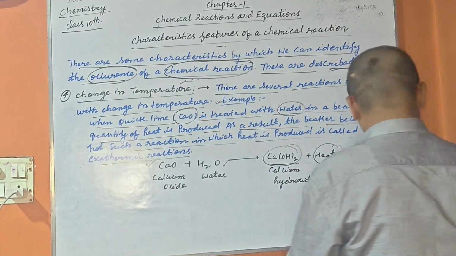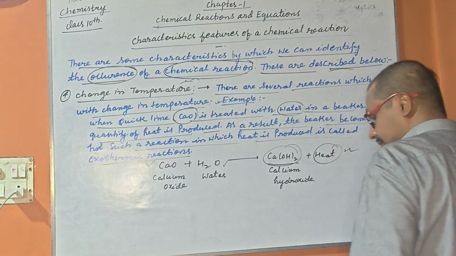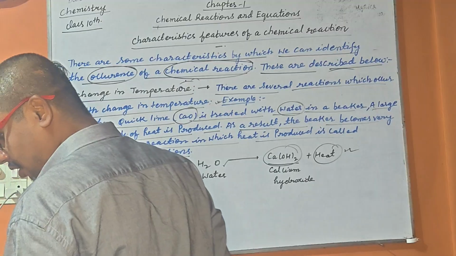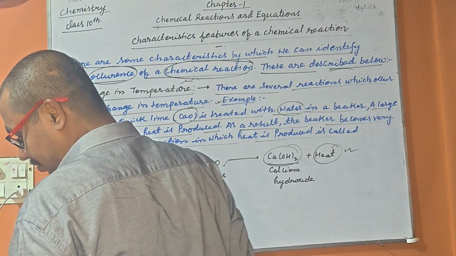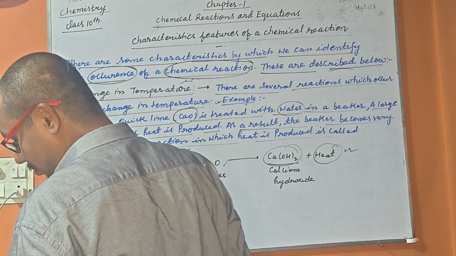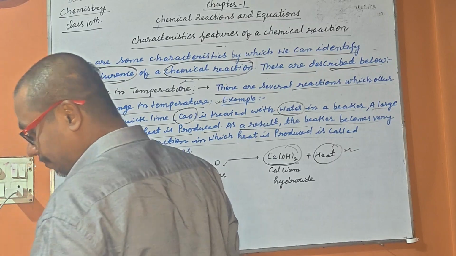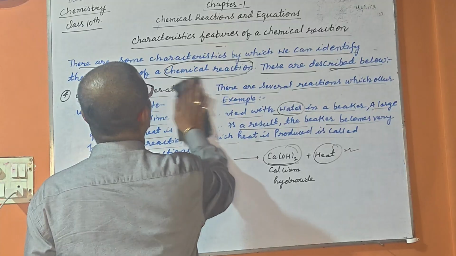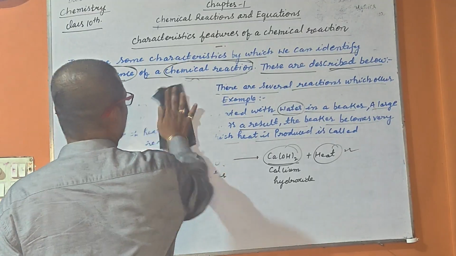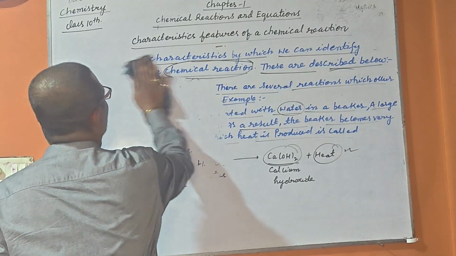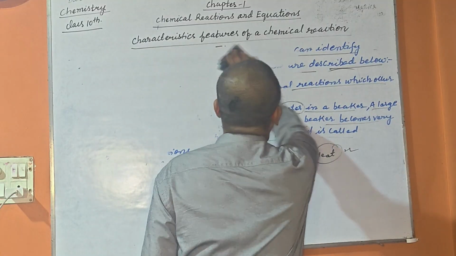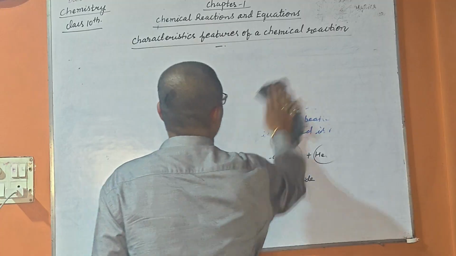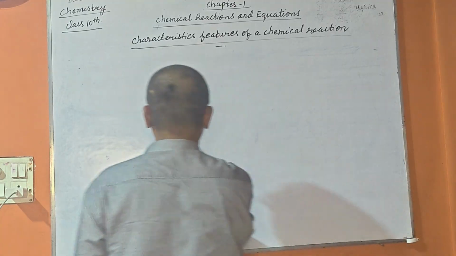The next one is the last topic of the characteristic features of chemical reaction, that is the formation of precipitate. Let us look at the formation of precipitate. My dear students, I am writing it here in the first line because there is a scarcity of place on the blackboard.